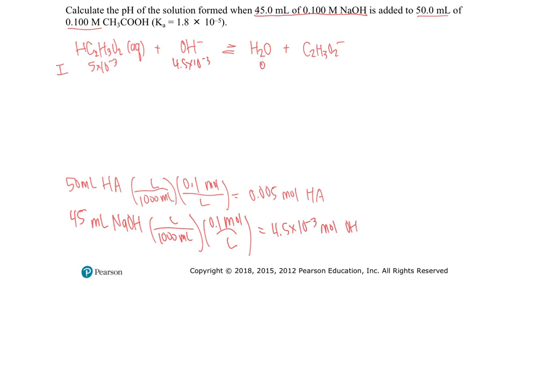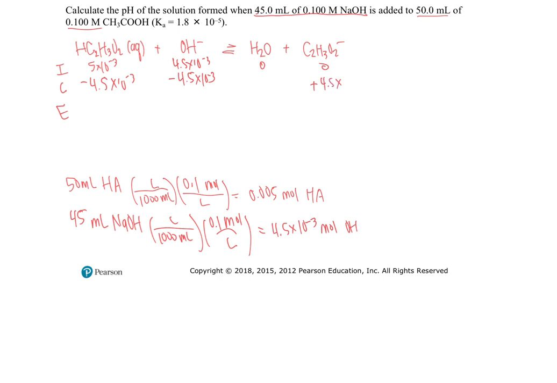And I don't have any of this. So here I'm going to have my change. Now hydroxide is my limiting reactant, so I'm going to get rid of it all. And that's how much acetate I'm going to create.